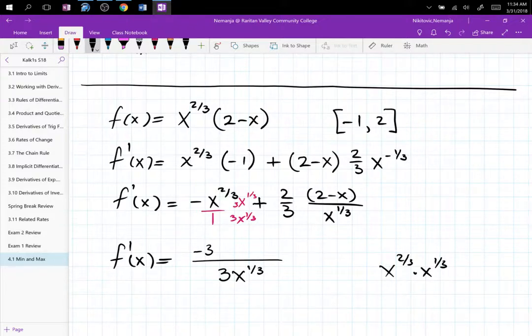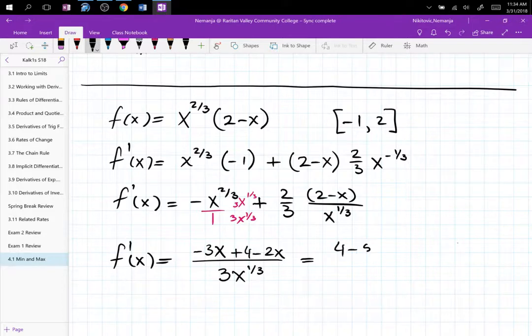It's 3 over 3. So this just becomes -3x. Yay, right? On the second one, you have plus 4 minus 2x when you distribute 2 in the parenthesis. And now, for the final here, you have 4 minus 5x divided by 3x to the 1/3, and that's equal to 0.